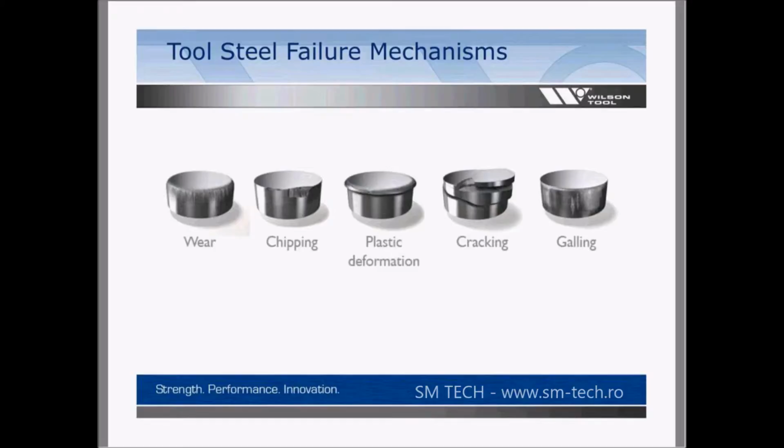Depending on the application, your production parameters, and the work material, one or more failure mechanisms can operate at the same time. In blanking operations, actually, all of these failure mechanisms can occur. In forming operations, typically you're going to see galling, wear, and deformation. So let's go through and define each one of these areas a little more specifically.